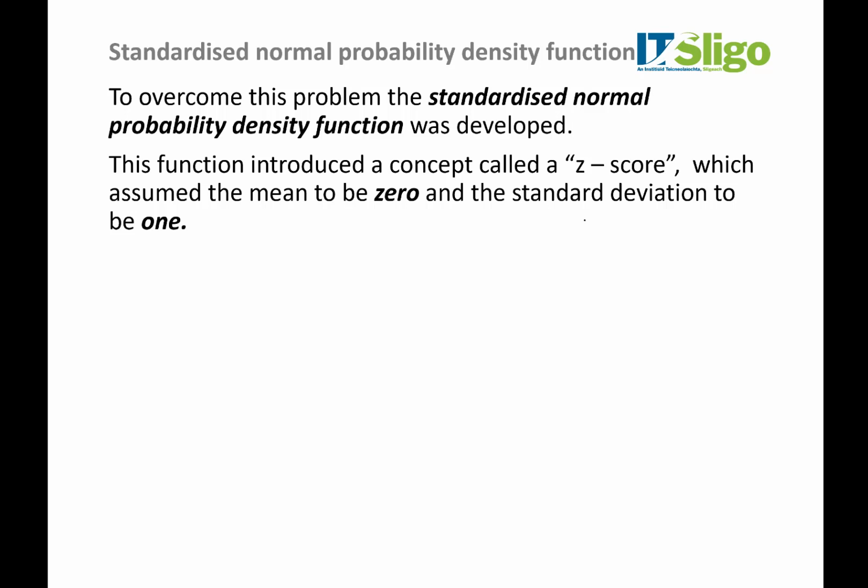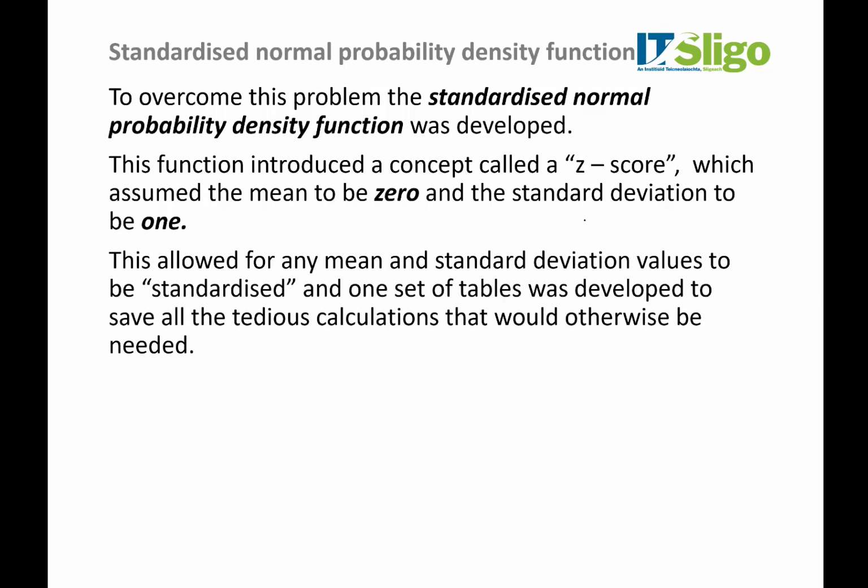So don't be put off by the z-score. It's quite a simple concept, but kind of a complicated basis. So this allows for any mean and standard deviation values to be standardized. And now one set of tables was developed. So rather than having to do a unique calculation for each unique mean and unique standard deviation, we can bring our values to this standardized version with a mean of 0, standard deviation of 1.